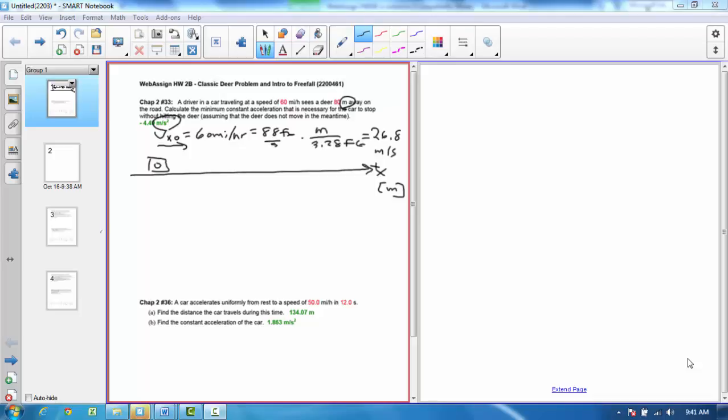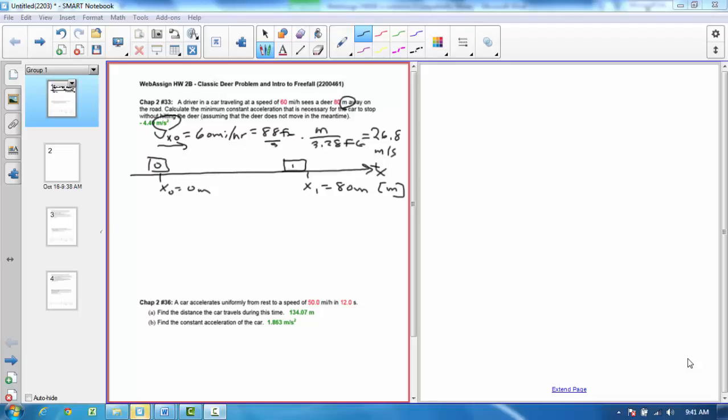We know the deer. So you've got the deer over here someplace, and we need to stop our car right before that deer. The deer standing right here at x1 is 80 meters, and here our initial position is 0 meters.